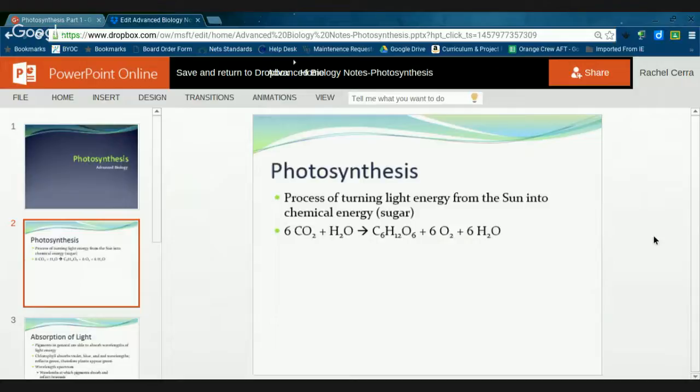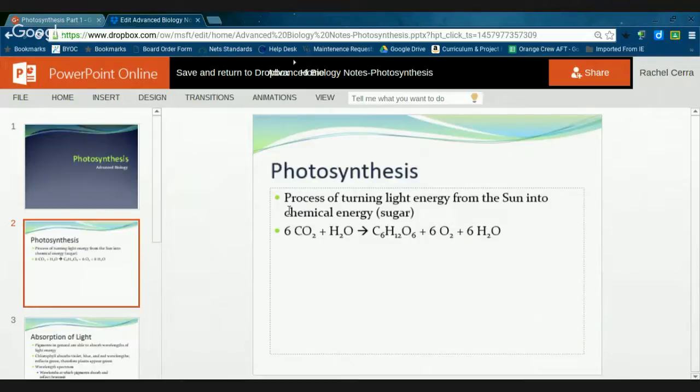I can't remember if we went over cellular respiration or not, but this is the opposite reaction of cellular respiration, so they're coupled reactions. The products of photosynthesis become the reactants for cellular respiration, and their products become photosynthesis reactants.